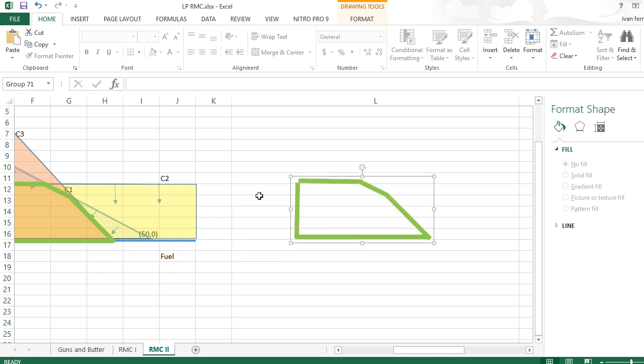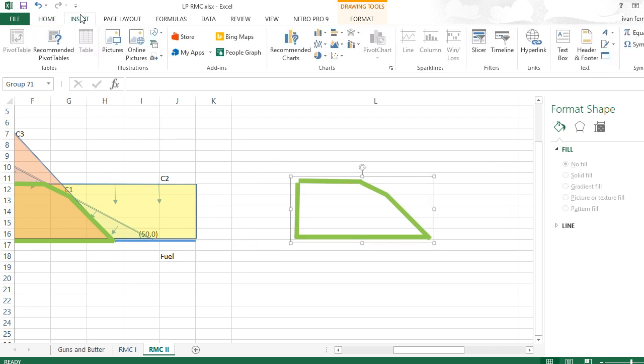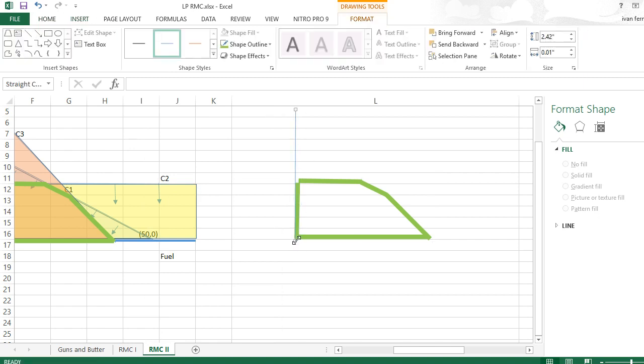And now I'm going to build a new chart just so you can see it a little more clear.